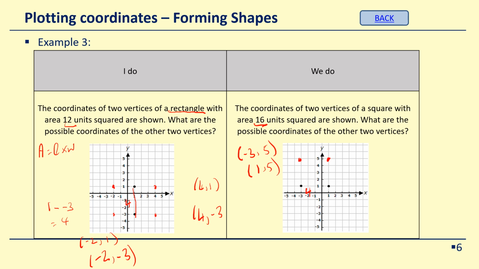Or it's going to be 1, 2, 3, 4 here and here, which is -3, -3 and 1, -3. Okay, so there's two possibilities for that question.